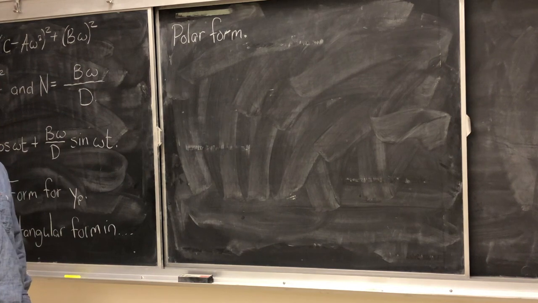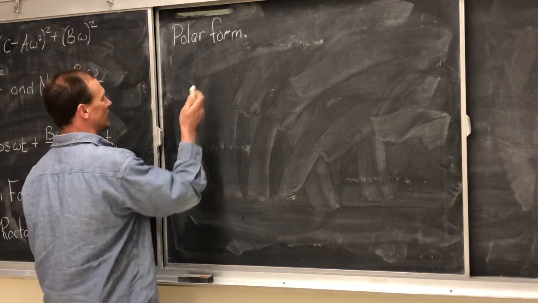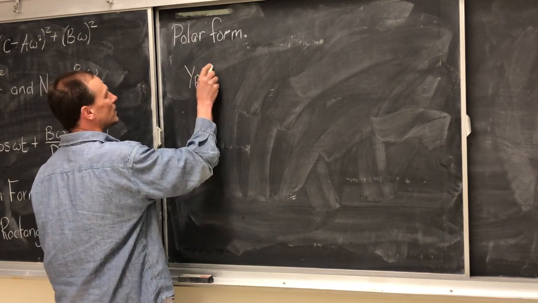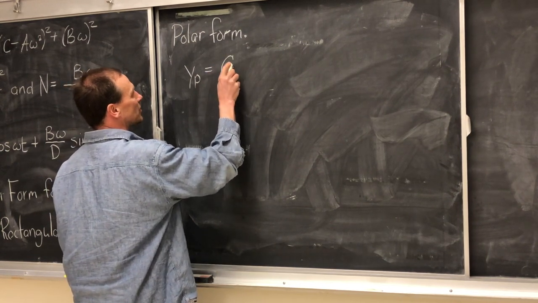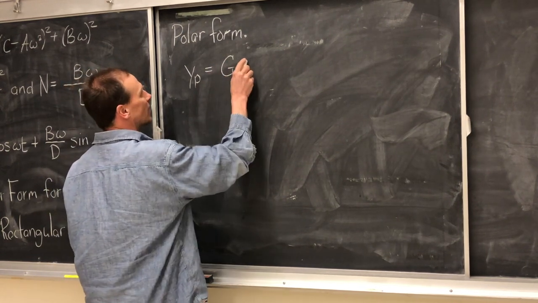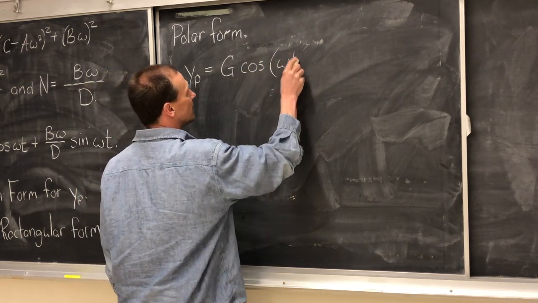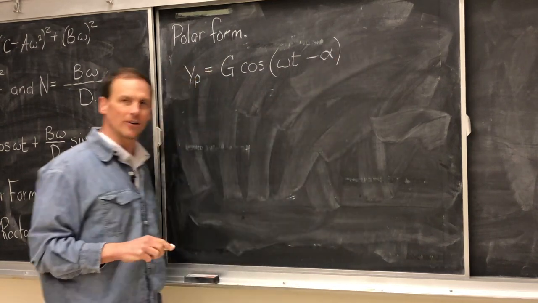Now, these are things we've done in our previous sessions, and what we said is this. The polar form would be y particular is equal to some capital G, this is our gain, times cosine of omega t minus alpha, where this is some kind of a shift.